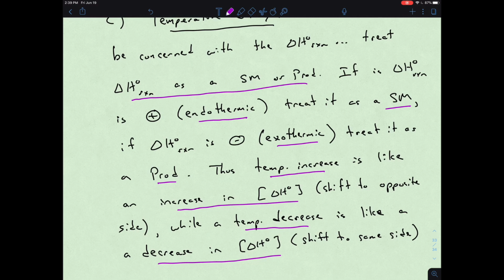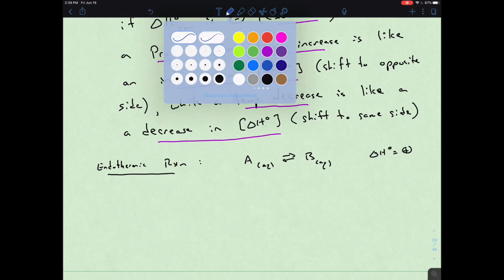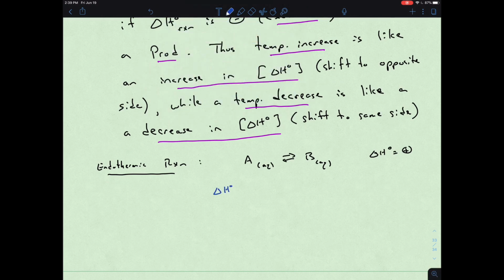So if you had, for instance, an endothermic reaction of, just say, A going to B, and our delta H is equal to something that's positive, we would write this like this now.